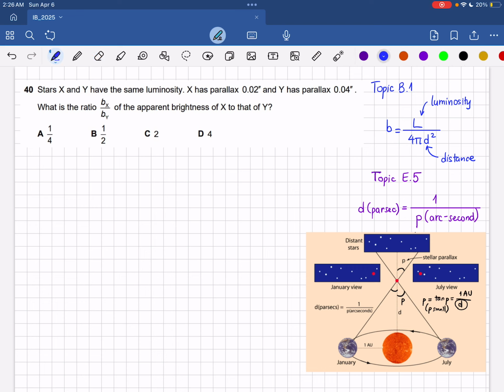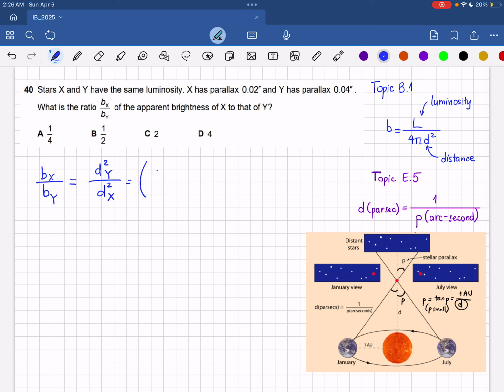Let me write again: the apparent brightness of star X compared to the apparent brightness of star Y equals luminosity over these and these. They have the same luminosity, so we can cancel those, right? What is left is just the distance, so it's inversely proportional to the distance squared. That should be d_x squared, and that should be d_y squared.